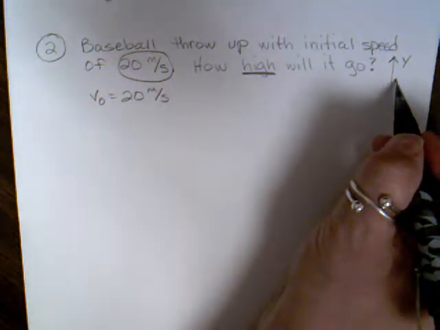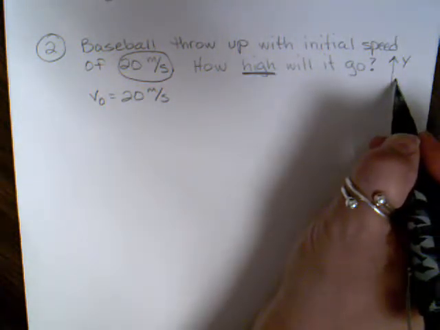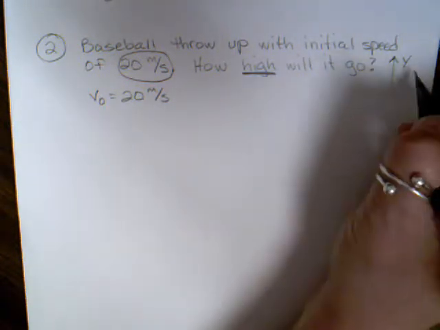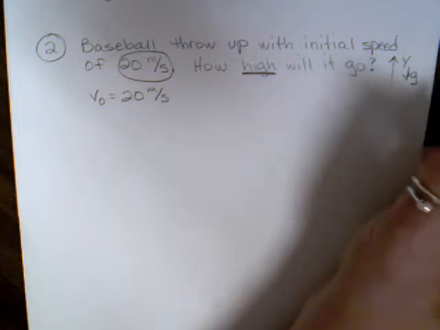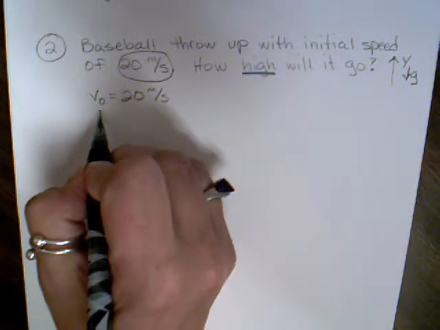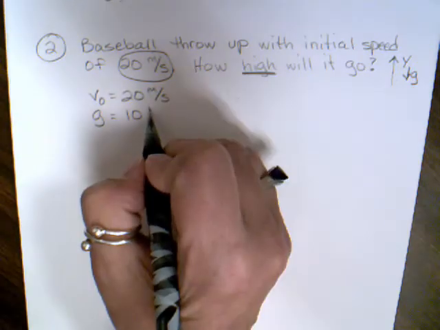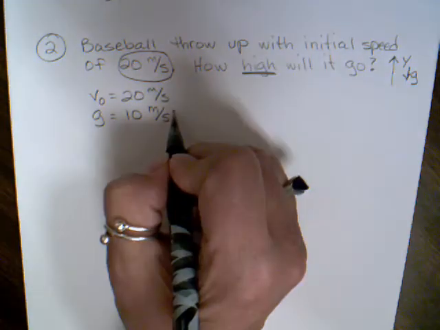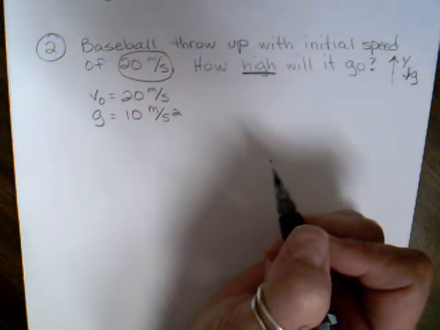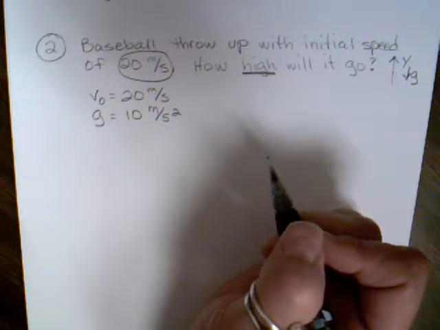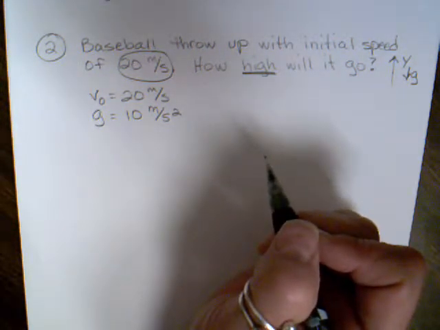Because I know I'm working in the Y direction, I know that gravity is involved here, and gravity is my A. We're going to use 10 in AP Physics for gravity, so gravity equals 10 meters per second squared.